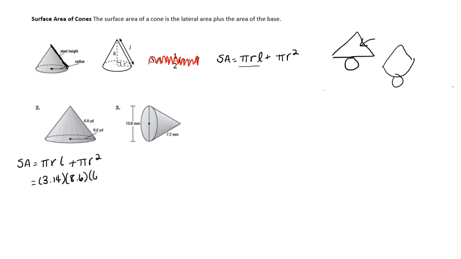The slant height is 6.8 plus 3.14 times r squared, 8.6 squared. And I'm going to write that neater because that's hard to see. All right. So the slant height is 6.8. The radius is 8.6. And when I put that in the calculator, I get 415.8, and then it's yards squared.